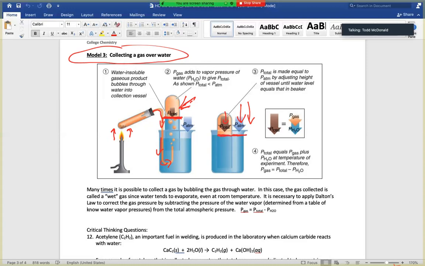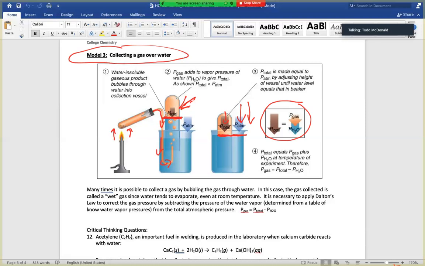Why do we do that? We want to make sure that the pressure inside and outside of the test tube or the graduated cylinder we're collecting the gas in is equal to each other. So this picture right here is what I'm trying to communicate. We want to make sure that the total pressure inside the container is equal to the pressure outside the container.